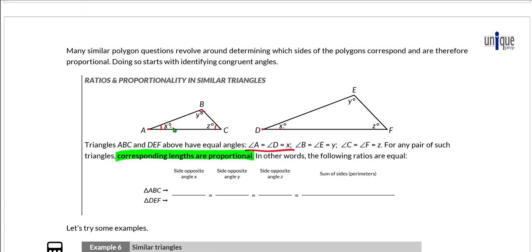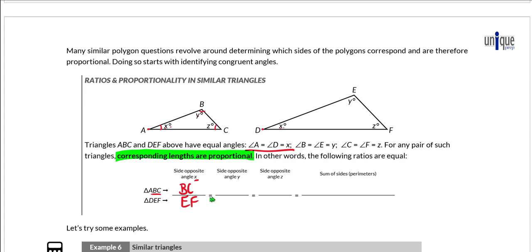Another way of saying that is, for instance, that in terms of the sides opposite angle X, that's going to be BC in triangle ABC, and in triangle DEF, side EF is that opposite side.